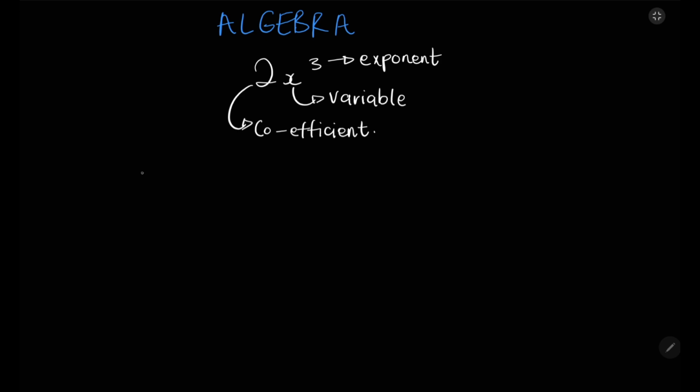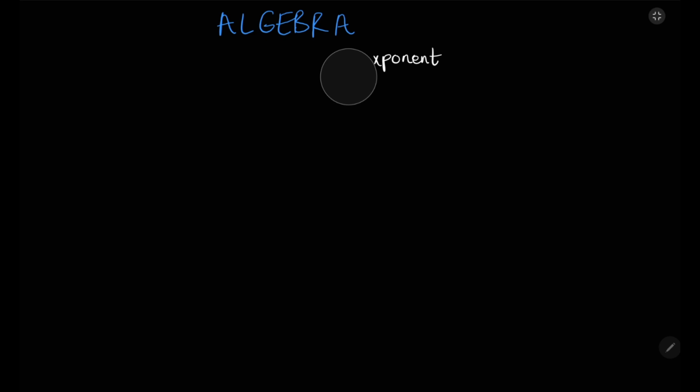So when you're given this term, let's use the same example, 2x to the power 3, know that the number is known as the coefficient, the letter or the alphabet is known as the variable, and the 3 is your exponent.